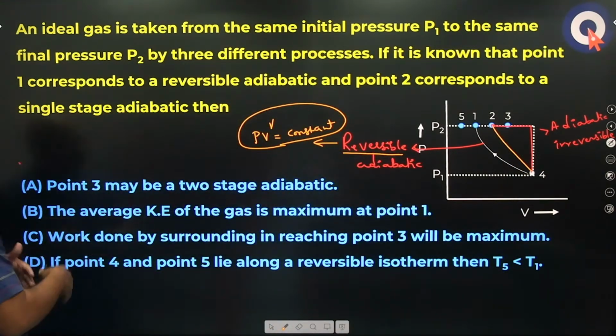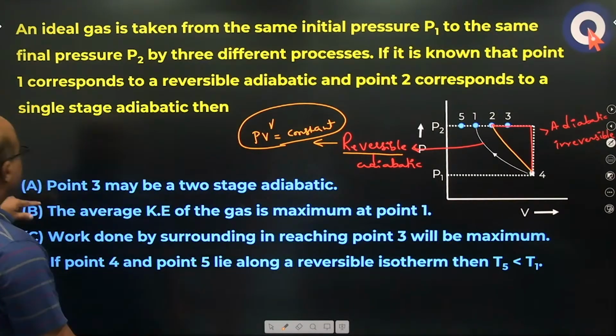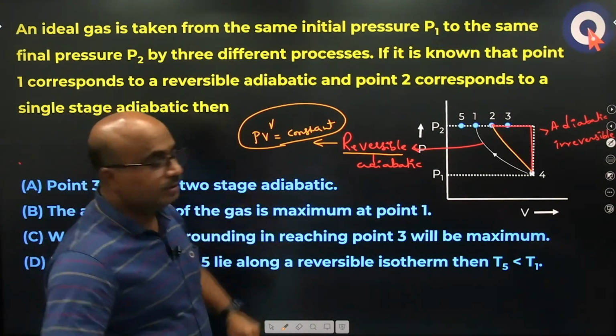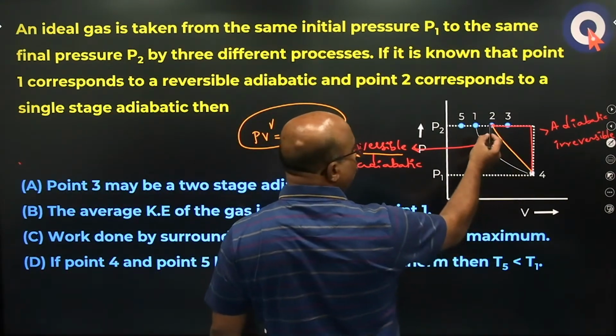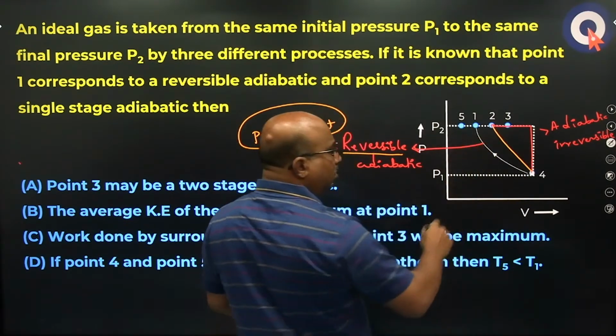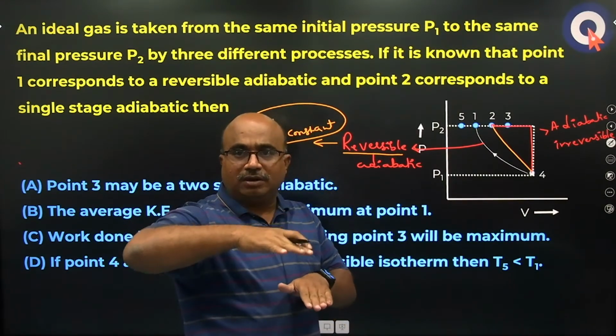Then we see all the remaining points also here. Let us say point 3 may be a two-stage adiabatic process, where 4 to 2 is a single step, and 4 to 5 will be a little bit more multiple steps. How can a reversible process be done?